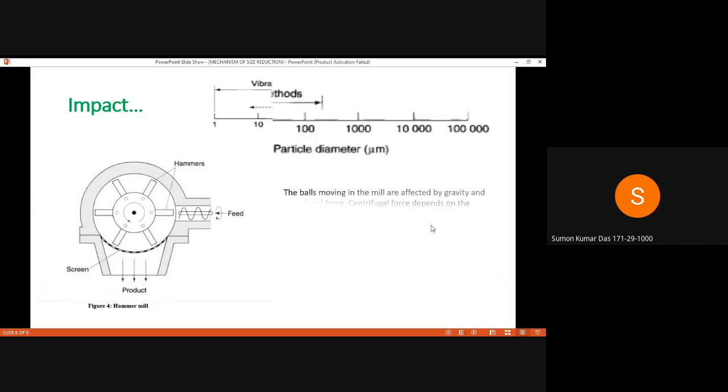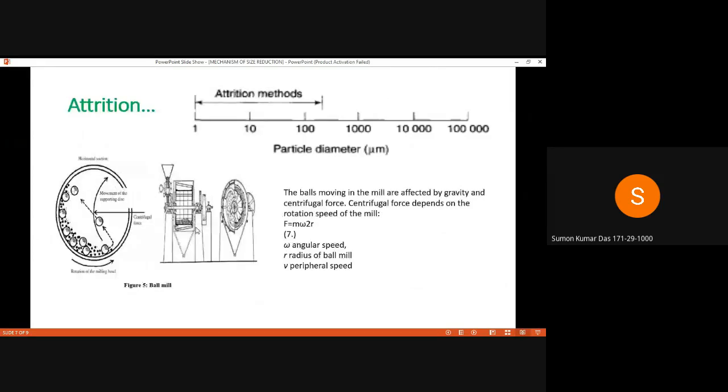The final one is attrition. The ball mill, the balls, the rotating device. The balls are rotated and push the particles, breaking them into small sizes. Here the main scientific term is centrifugal force. Centrifugal force is mainly present in rotating bodies.